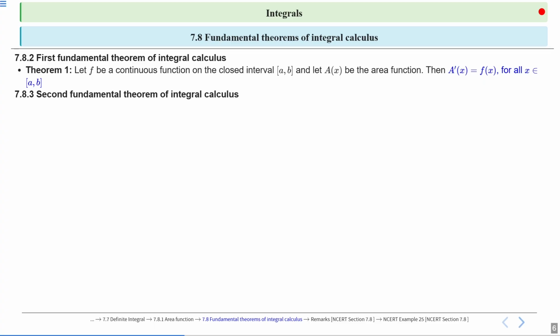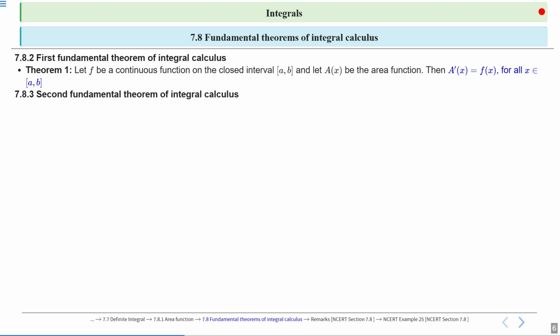Okay, and A(x) be the area function. We just understood what is the area function. It represents the area from lower limit a to x. So A(x) is equal to definite integral from a to x of f(x) dx.